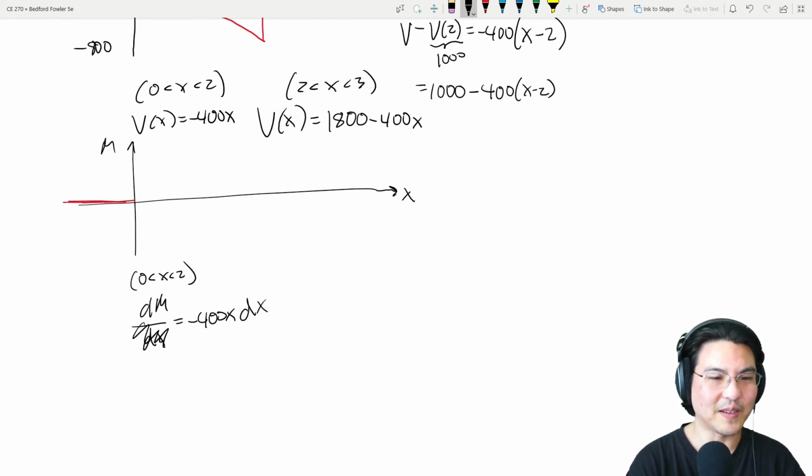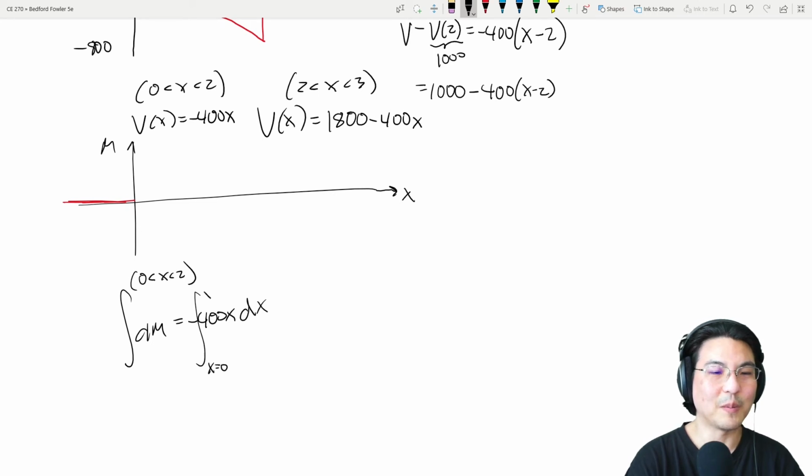Then let's move dx right here and integrate both sides from x equals 0 to some x between 0 and 2. So M at x equal to 0 to some other M at x. Okay, so what do we have here?